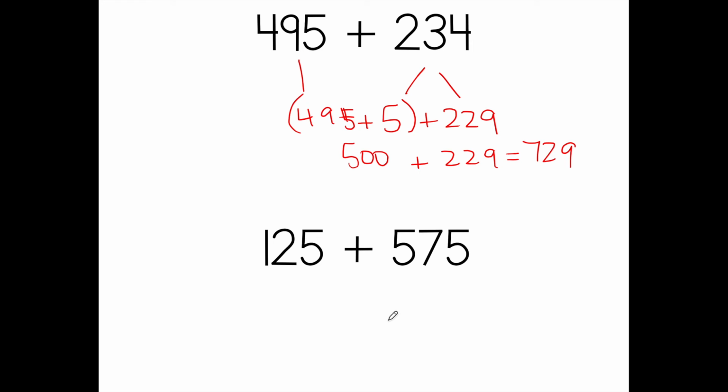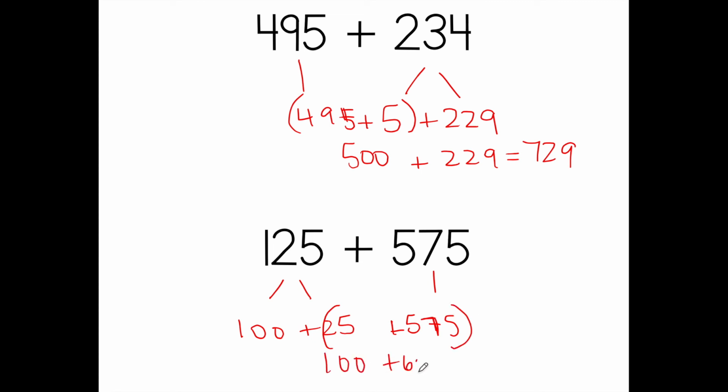Hopefully they're going to say, well, if I take this and make this 100 plus 25, and I know that 25 and 75 is 100, I can just say 575 plus 25, put that together to make 600, and then I've got 100 plus 600, and that's 700.